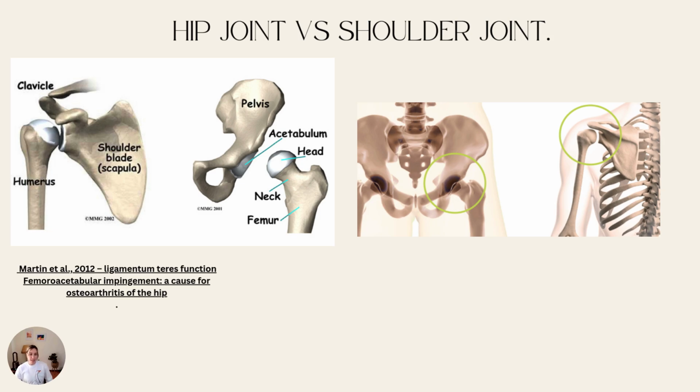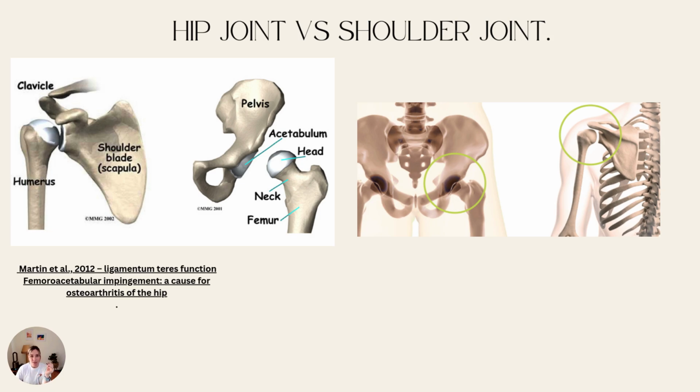But I wanted you to have a look at the photo itself to see the differences. We're looking at the anterior view of the right shoulder. Here's the clavicle, you can see the socket here, and the humerus head here.